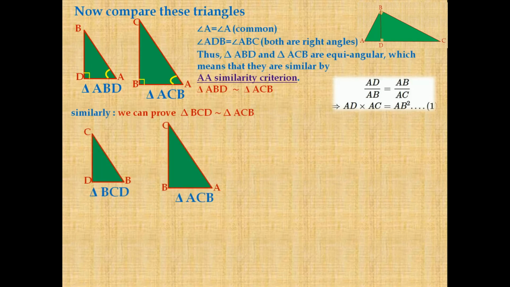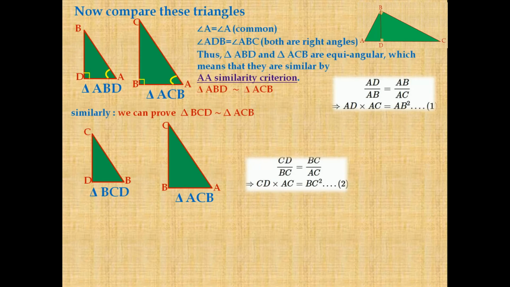So, by comparing these two triangles, triangle BCD is similar to triangle ACB. According to the similarity of triangles, corresponding sides will be in the same ratio.